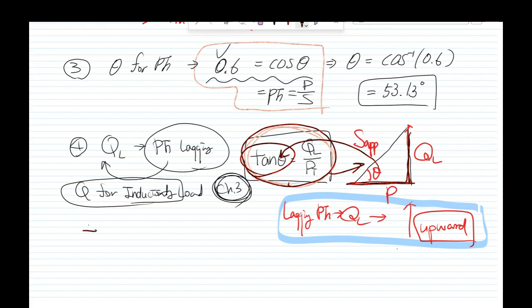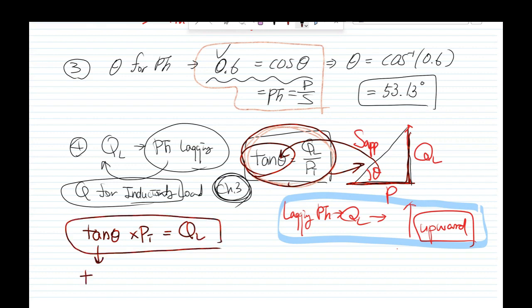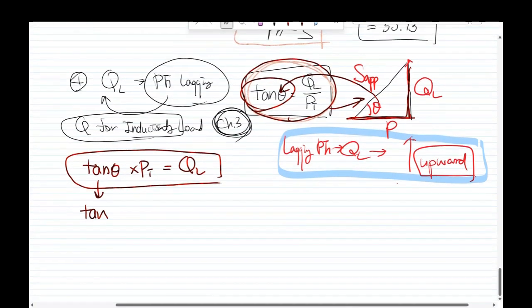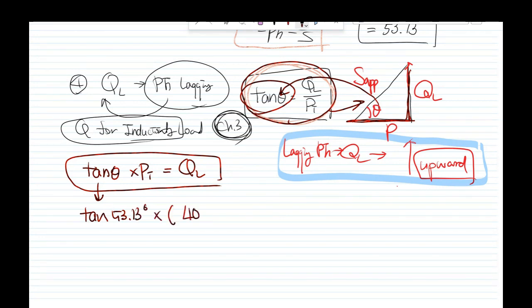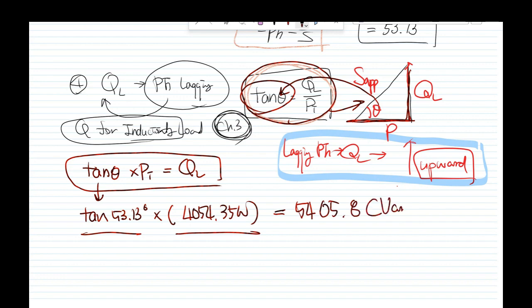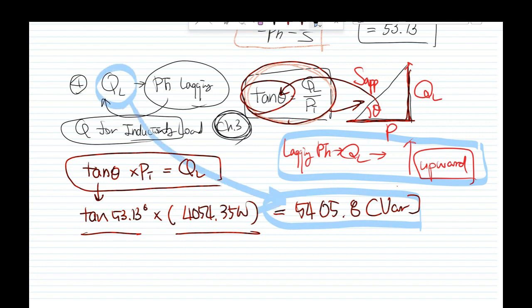So the tangent of theta multiplied by P sub I is Q sub L. We know theta is 53.13 degrees, multiplied by P sub I, 4054.35 watts, which we already calculated before. After calculation, 5405.8 VAR. That is the answer for Q sub L.